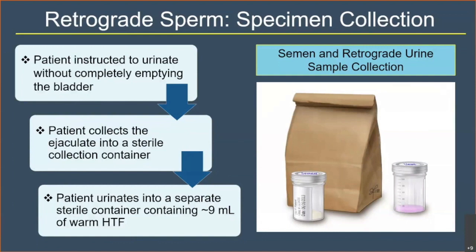So partial urination, followed by collection of the ejaculate in the container marked semen. Then he will collect a urine sample post the orgasm and ejaculation in the container marked urine, which has the pink HTF, 9 ml of warmed HTF that was kept in the incubator for 20 minutes.